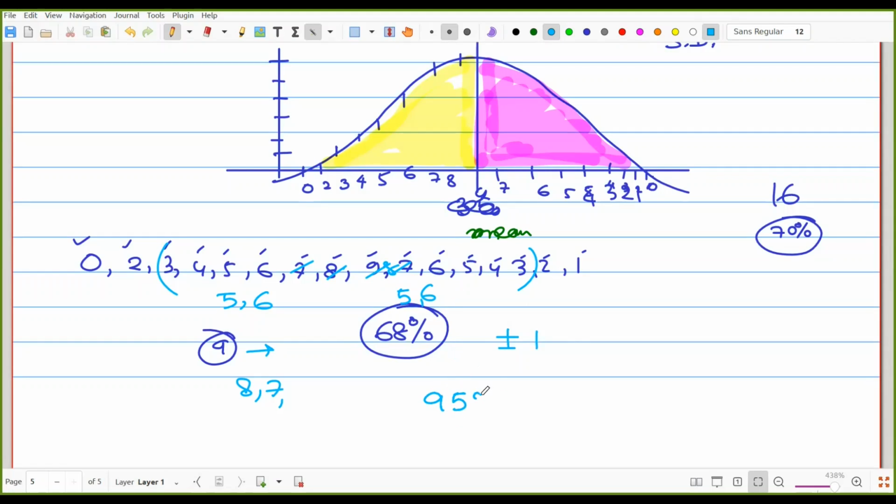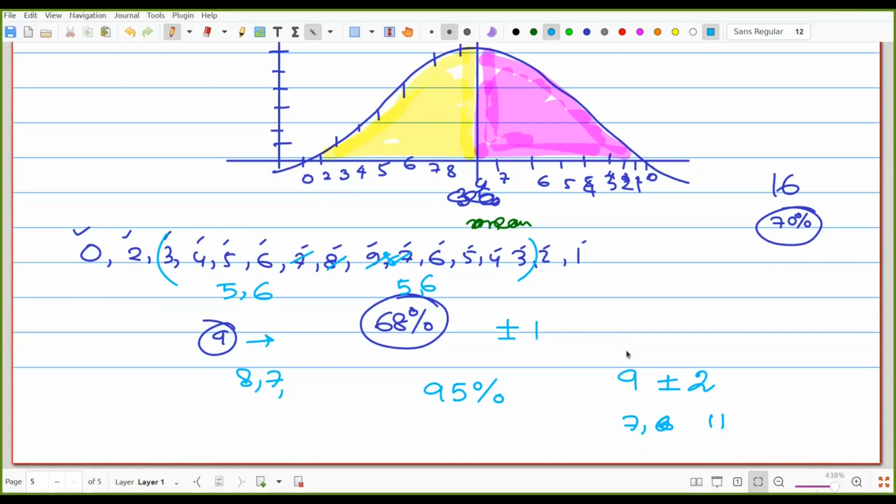So 95% of data are from 9 plus minus 2. That means it may be 7 or 6, or here 11, like that. Another one, if that is also not true, it may be that 99% of the data.